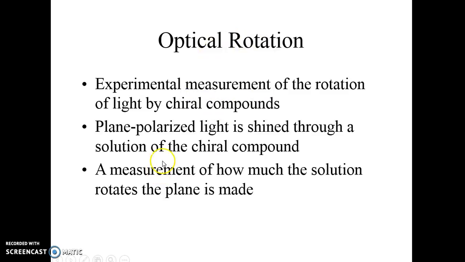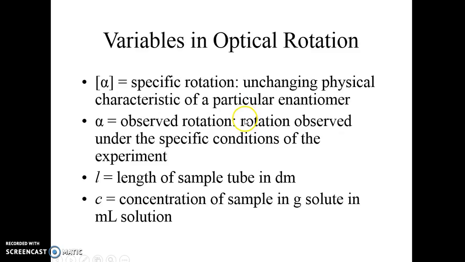Experimental rotation is done by shining plane polarized light through there and then measuring where it's coming through. And so we have an instrument called a polarimeter that will measure this, and we will do that. The variables that we use in optical rotation are going to be this.